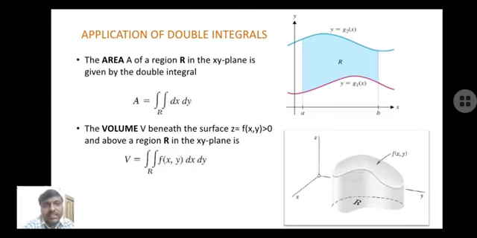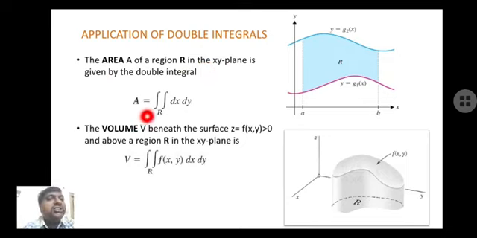Okay, now I explain some of the applications of double integration. First one, the area of the region. With the help of double integration, we can easily calculate the area of the region by taking the integrand f equal to 1. See here, the area of the region R in the xy plane is given by the double integration.